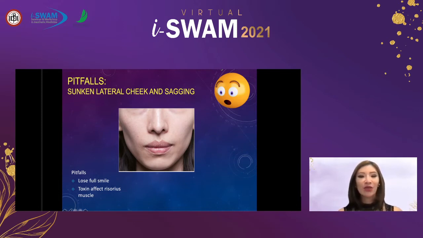So especially for patients who are above 40, who already have skin laxity and sagging due to the aging process, we have to be very, very careful, because sometimes, or most of the time, after they are injected to reduce the masseter, they will come back and complain, hey, I look older after I have my masseter muscle reduction.